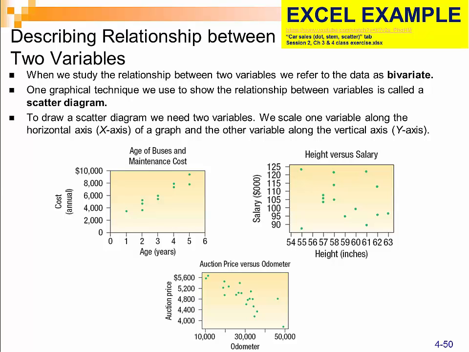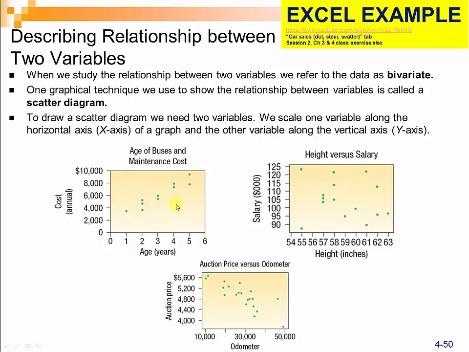When we study the relationship between two variables, we refer to the data as bivariate. Using a scatter diagram, we can put one variable on the x-axis and one variable on the y-axis. I have an example on YouTube, no surprise there, that you can use to see how I build a scatter diagram with two variables.